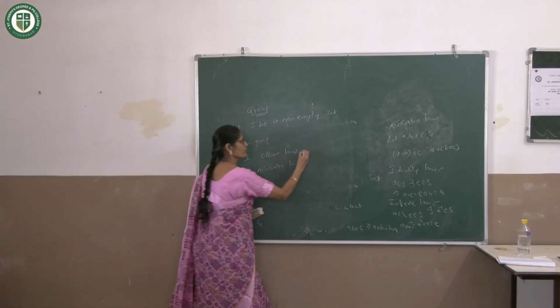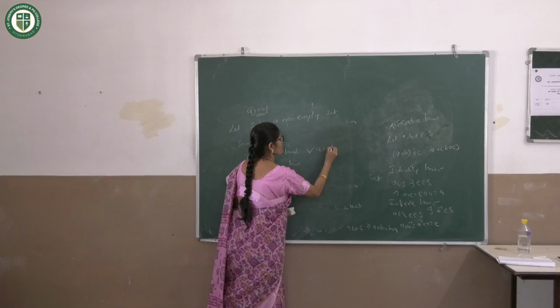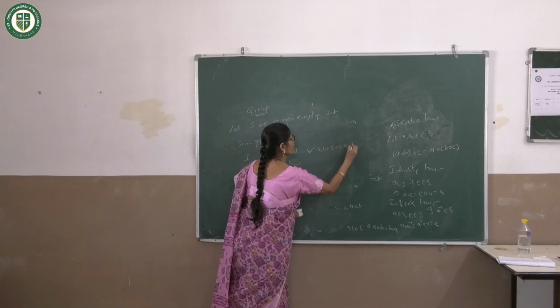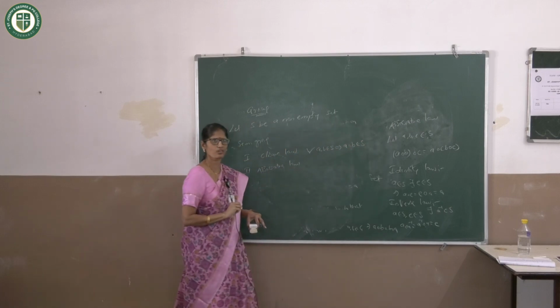What is closure law? For all A, B belongs to S, that implies A circle B also belongs to S, then we say that is the closure law, right?